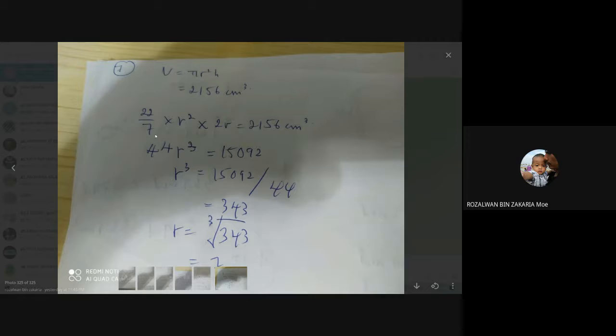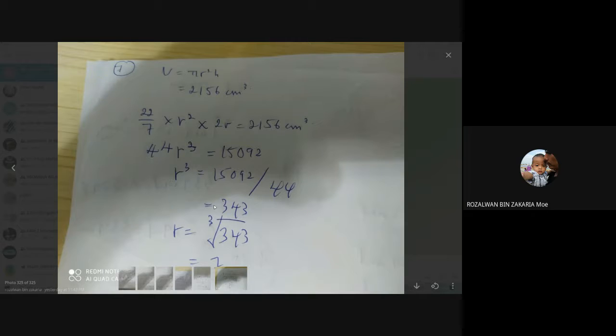Then this 7, I bring to the right side, so it becomes 2,156 multiplied with 7, which equals 15,092. Then r to the power of 3 equals 15,092 divided by 44, because 44 here is multiplication. So when we bring it to the right side, it becomes division. So divide with 44.